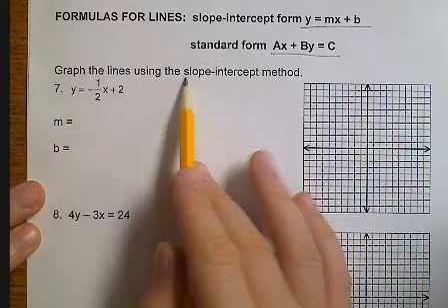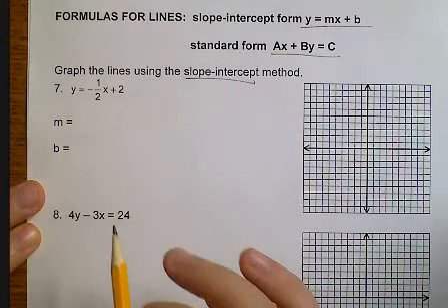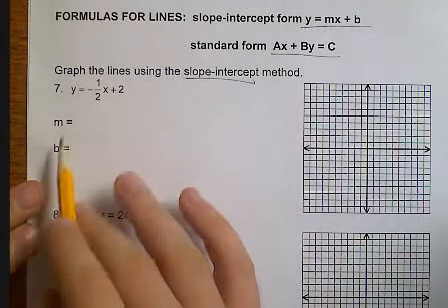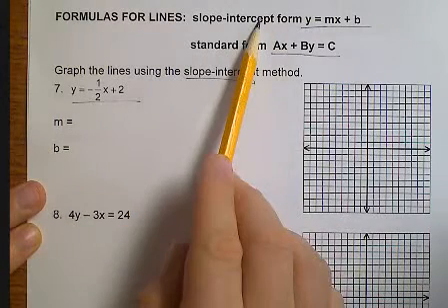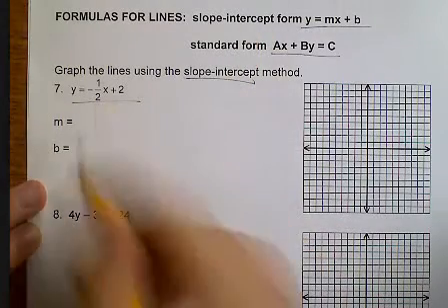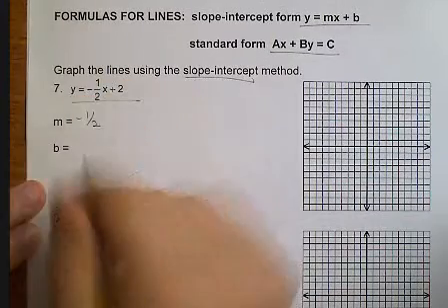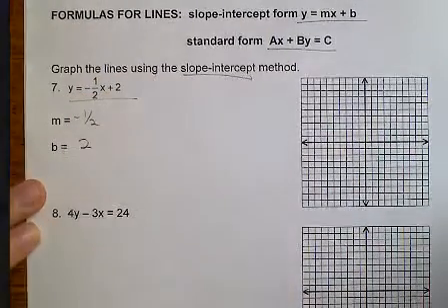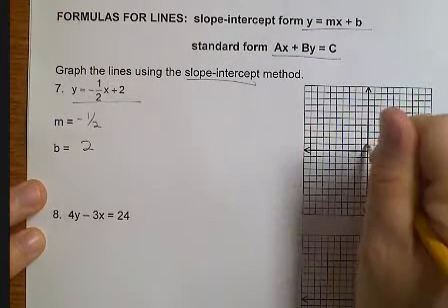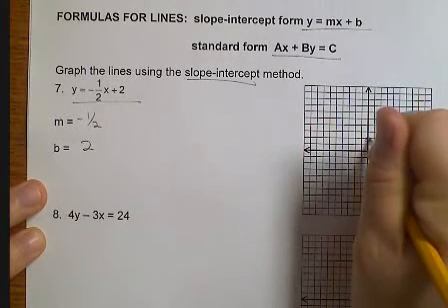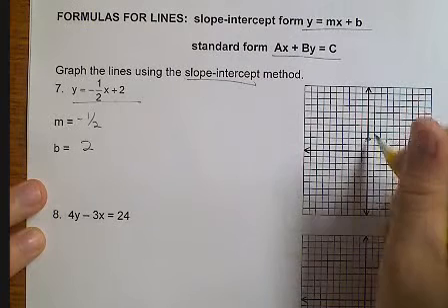This time we're using the slope-intercept method, which means I need to find m and b. And this is already written in slope-intercept form. So m would be negative 1/2, and b would be 2. Graph, begin at b, and move with m, negative 1 over 2.